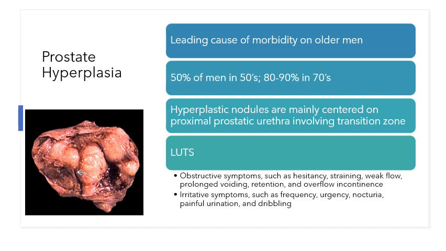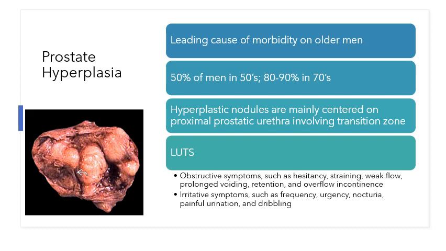The significance of this is, of course, that this benign enlargement of the central zone of the prostate that we call prostatic hyperplasia leads to significant lower urinary tract symptoms. These are either obstructive in nature or irritative, or a combination of both.